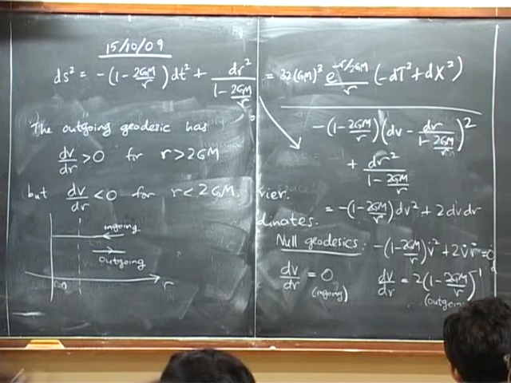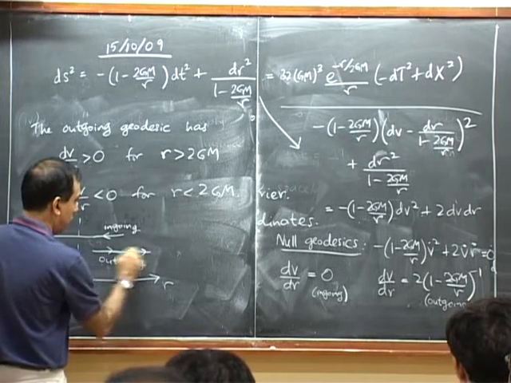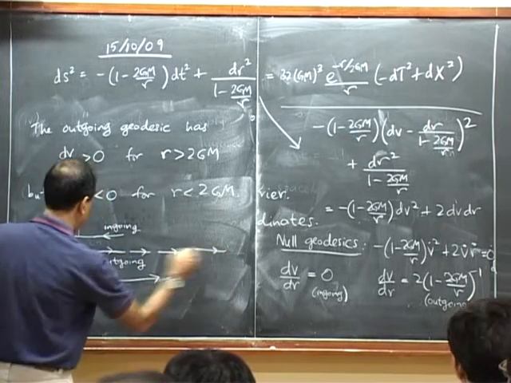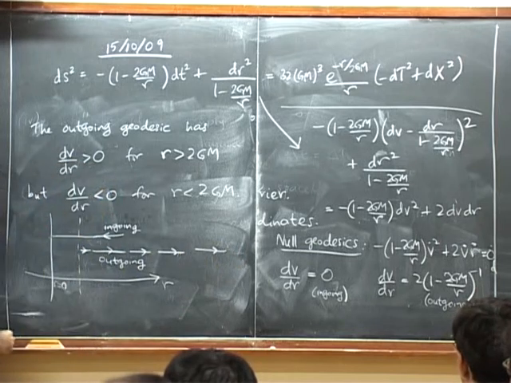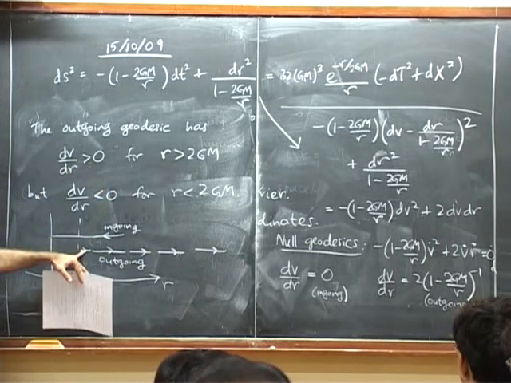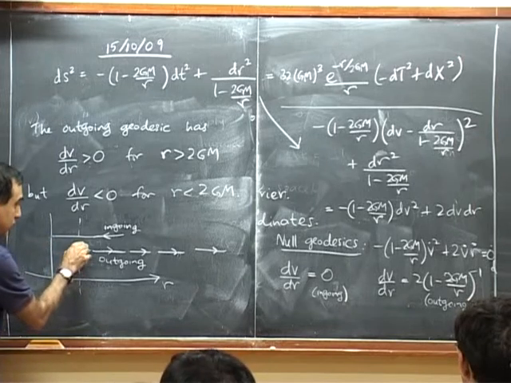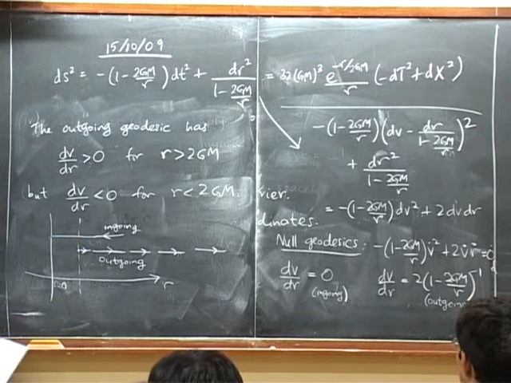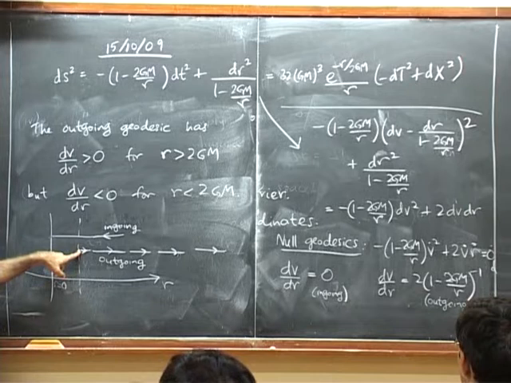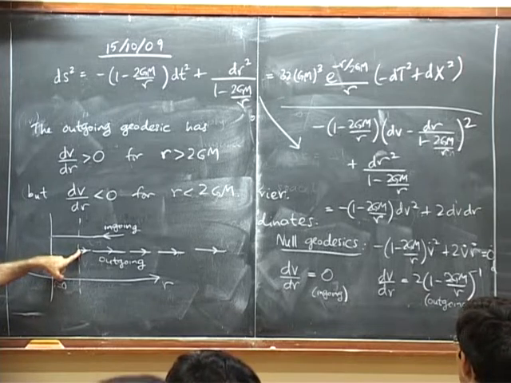The outgoing one, you would expect it's outgoing here, it's outgoing here, it's outgoing there, but it becomes less outgoing here because of the redshift. Something strange happens to it here, in fact it becomes stationary. It's literally the case that light following such a geodesic, if you place it at r equals 2GM, sits there forever.